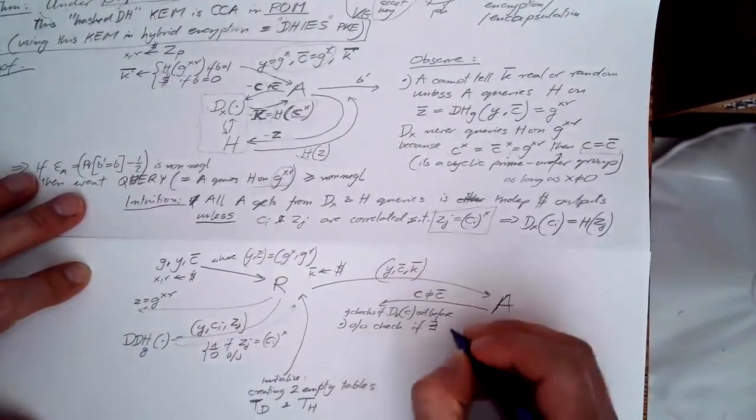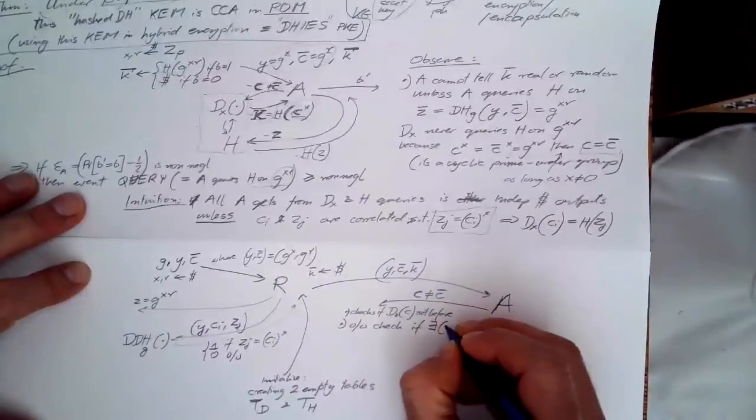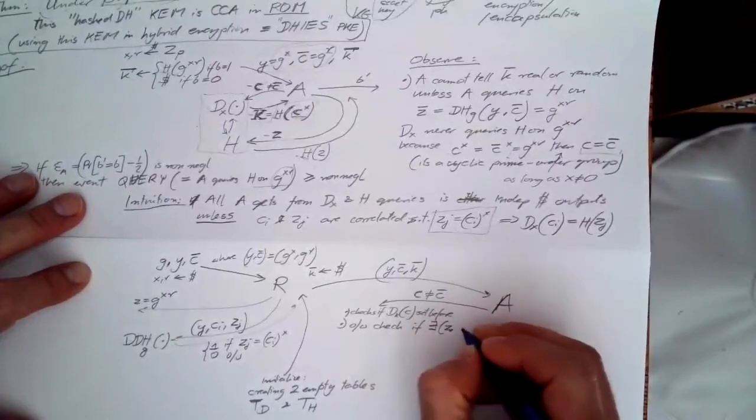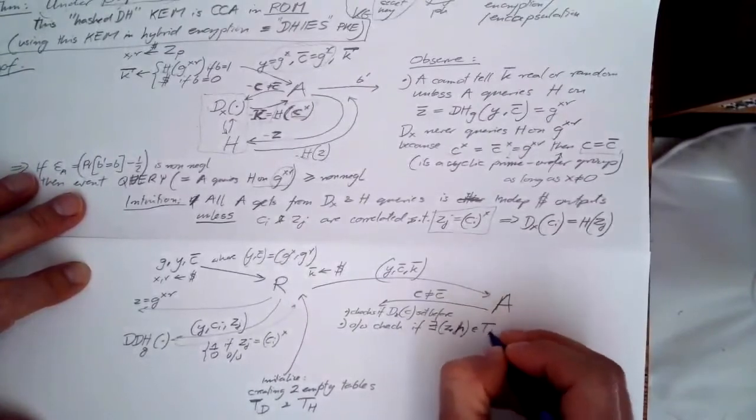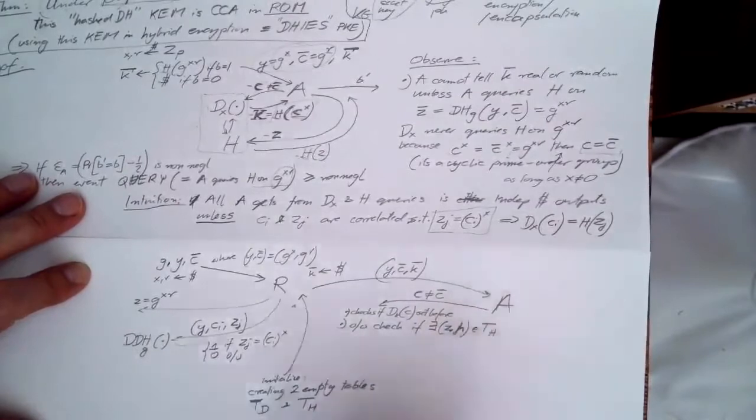Check whether there exists any entry Z, H in the table for the hash function queries.